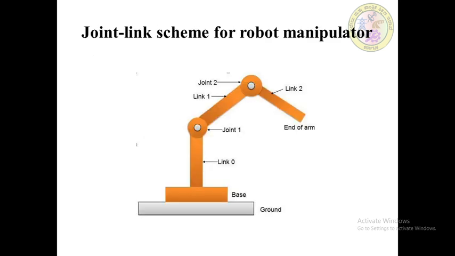You just see this is the floor, and this is the base, and this is link number 1, this is link number 2. Actually this is 1, 2, 3, and these three links are joined through two different joints, joint number 1 and joint number 2.